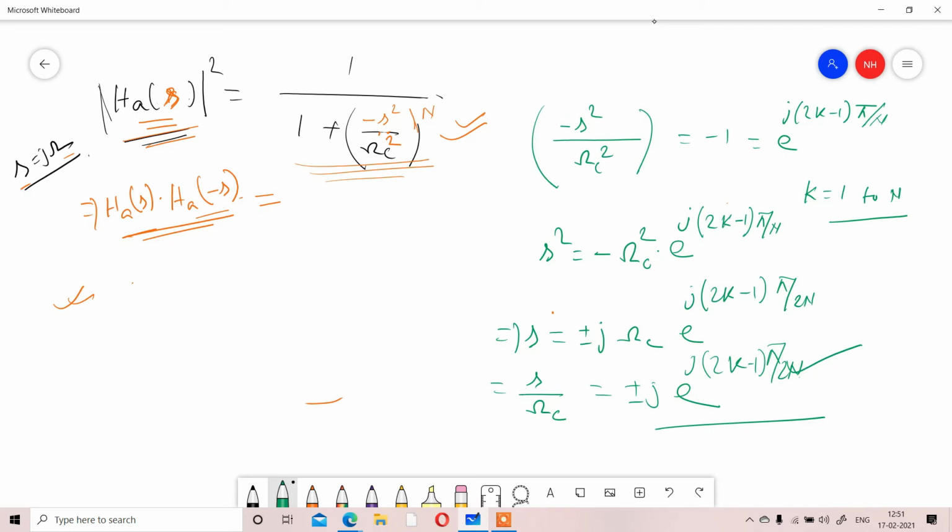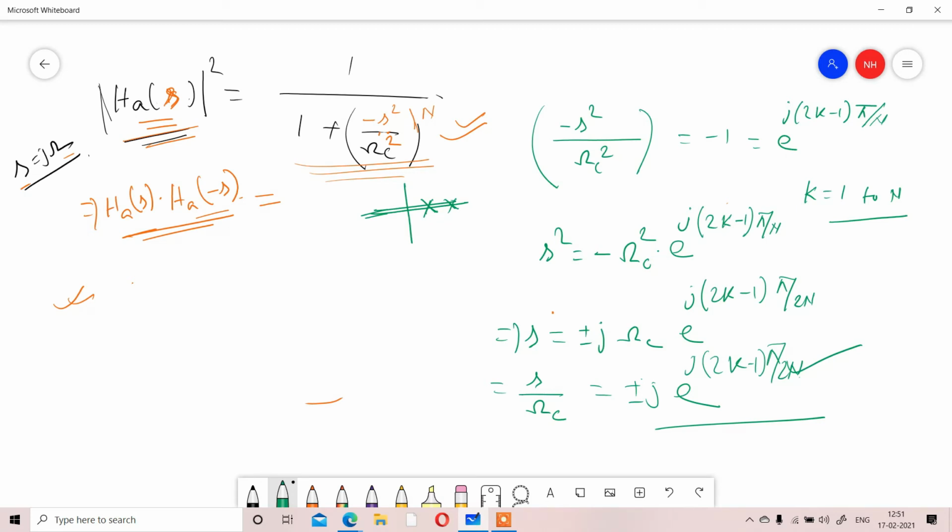Now, always we have considered poles in the positive half. Here we will check which pole we should consider so that the magnitude we will get is positive or negative.